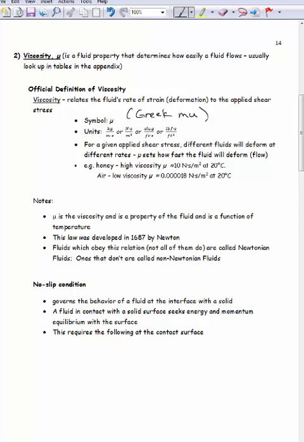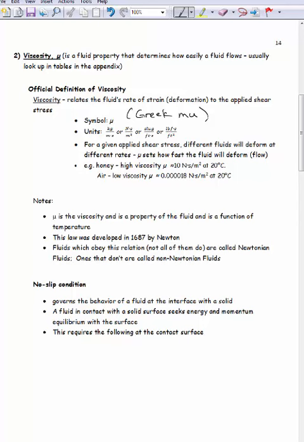If it is something that does change with shear stress, and there are examples, for instance, quicksand, paint, toothpaste, ketchup, those are all non-Newtonian fluids. Blood, when blood is moving very slowly under small shear stresses, it'll be much thicker than when it's exposed to high shear stresses. So the ones that we're going to deal with mainly in this class are going to be Newtonian.